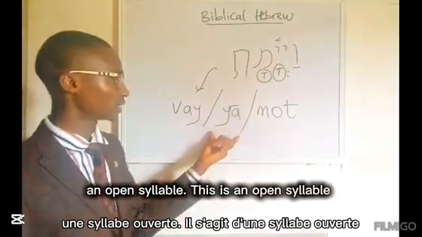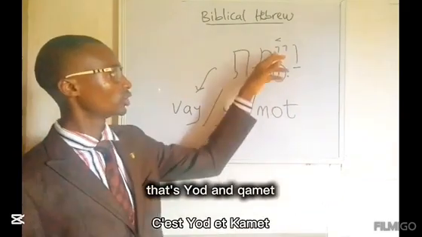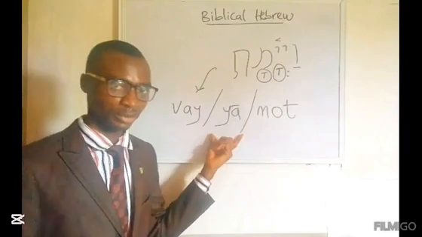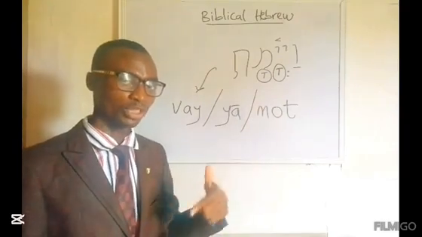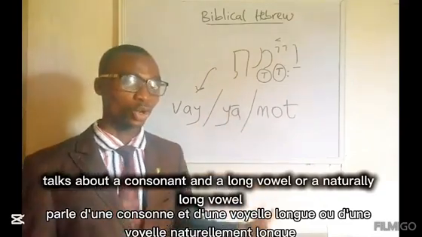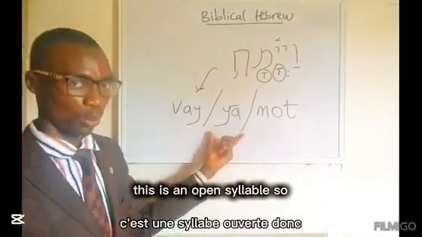Now this is an open syllable, that's Yod and Qamet. When you check the definition of the open syllable, it talked about a consonant and a long vowel or a naturally long vowel. So this is an open syllable.